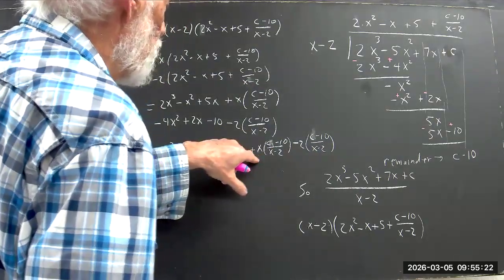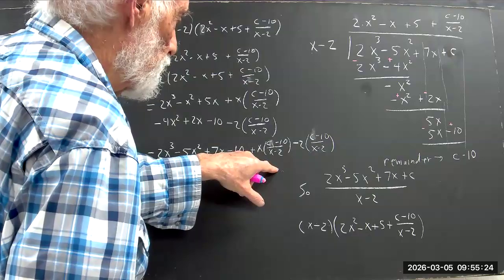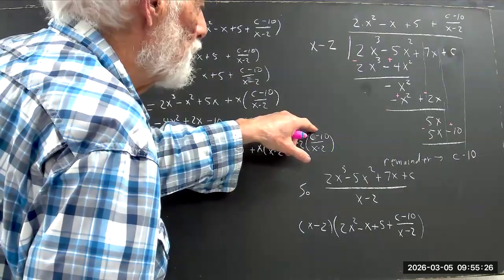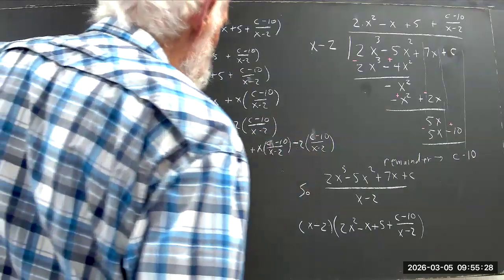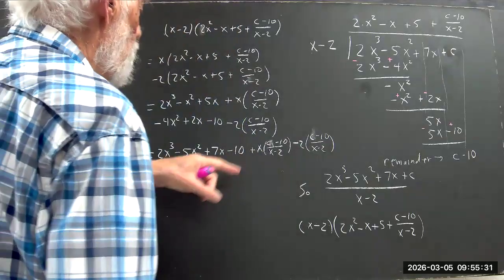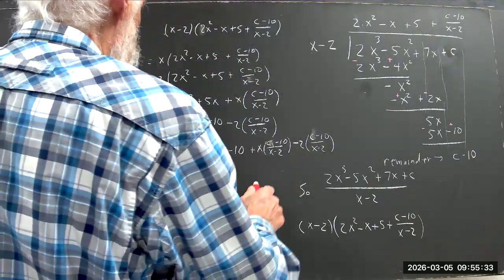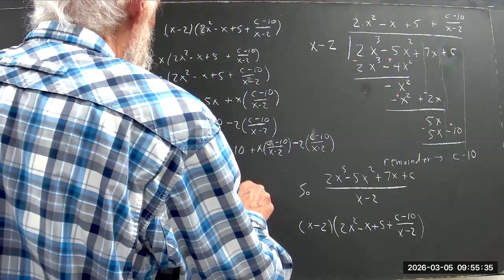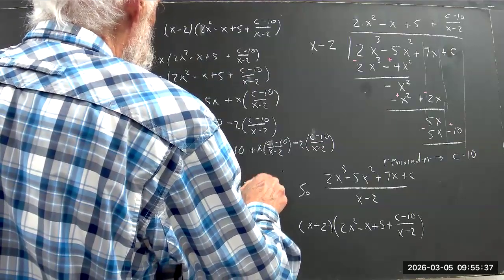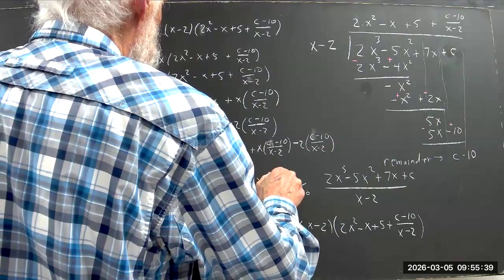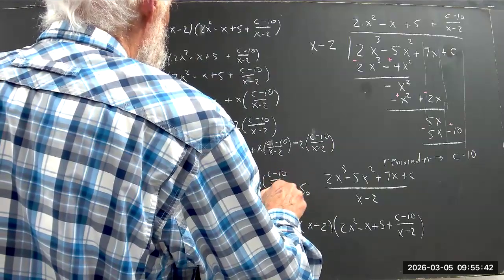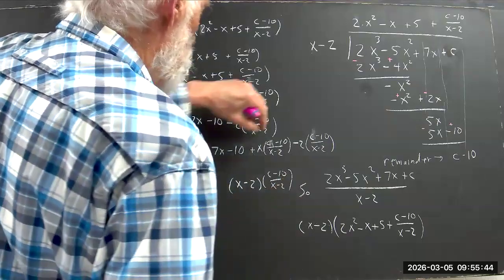Looking at the x times (c minus 10) over (x minus 2) minus 2 times (c minus 10) over (x minus 2), we see that this could be written as x minus 2 times (c minus 10) over (x minus 2).